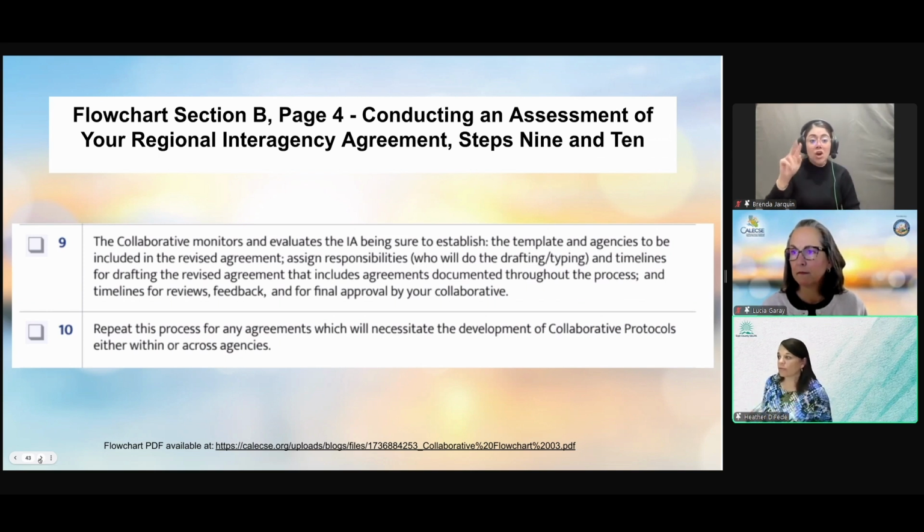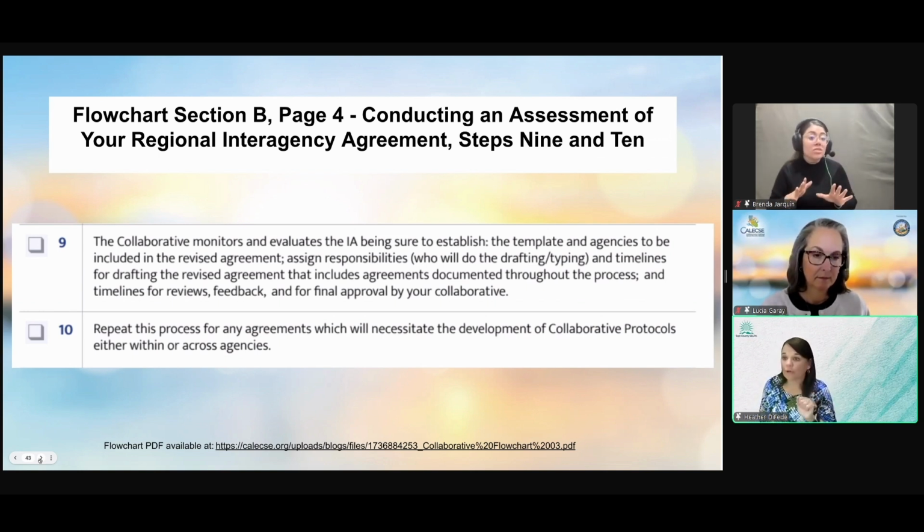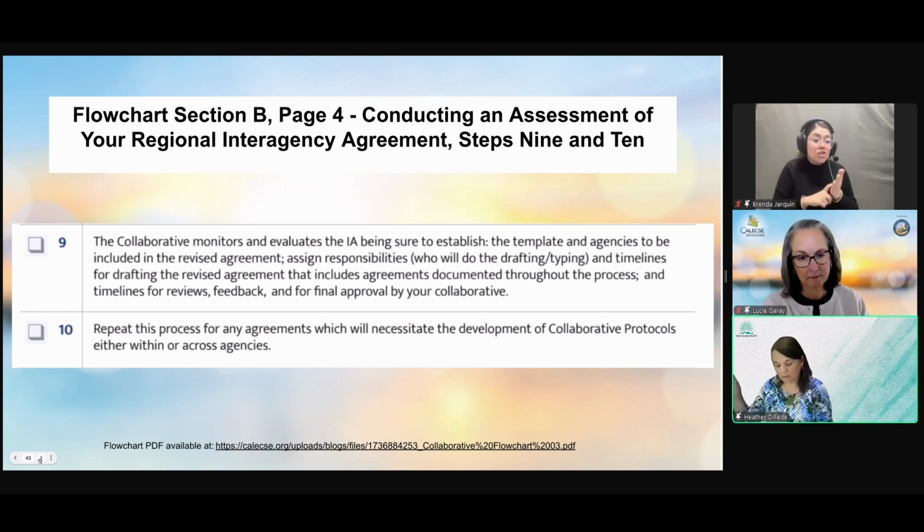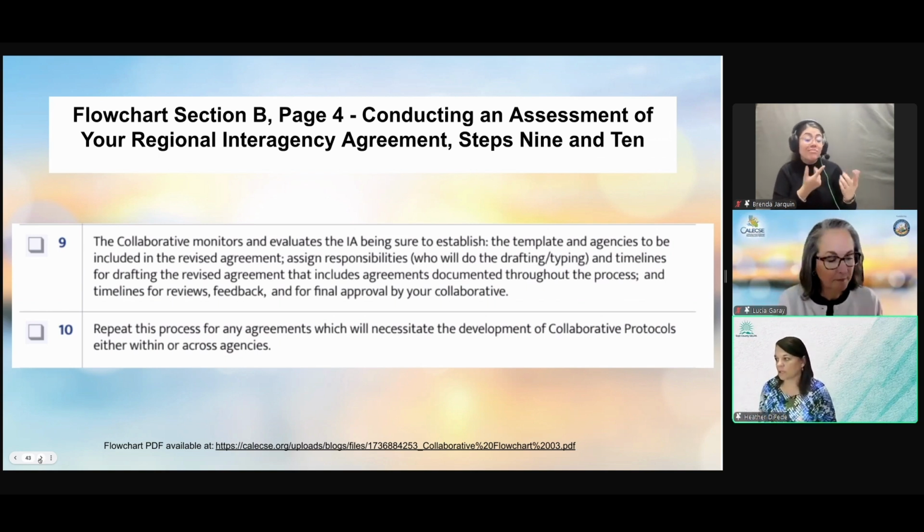As you are monitoring and evaluating that interagency agreement, or excuse me, as you're finalizing it, who's drafting it, who's typing, who's editing, what are our agreements for those timelines? We had some folks that were really good at proofreading and making sure things made sense, even in other agencies' areas.